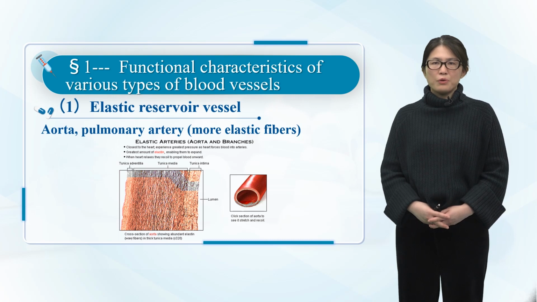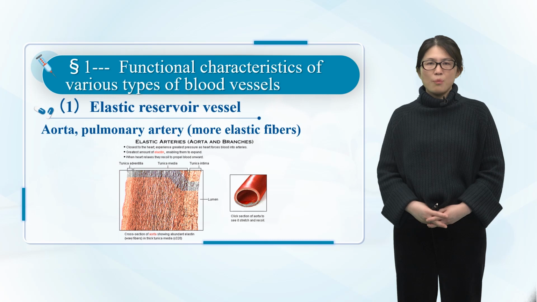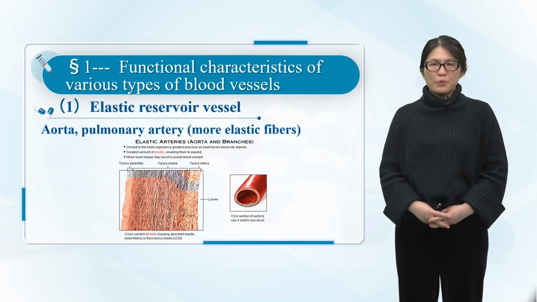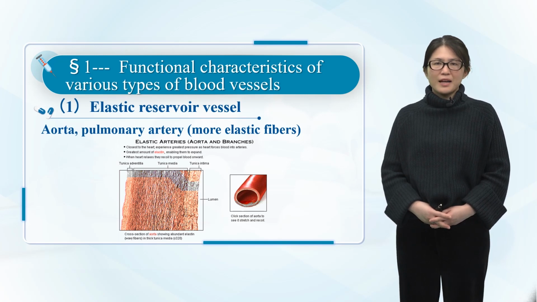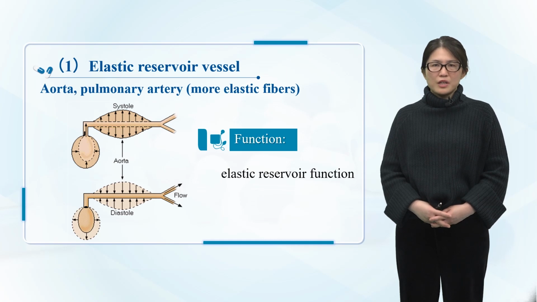When the left ventricle contracts and ejects blood, part of the blood ejected from the ventricle flows forward into the aorta periphery, and the other part is temporarily stored in the aorta, causing the wall to expand, increasing the arterial pressure, and also converting part of the kinetic energy generated by the heart contraction into the elastic potential energy of the blood vessel wall.